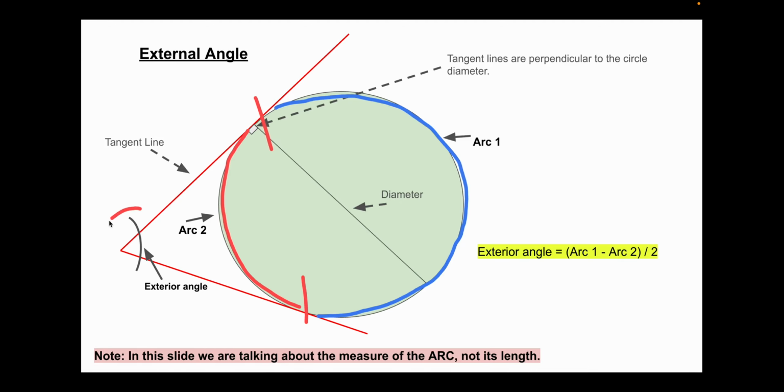So this angle is equal to the large arc minus the small arc divided by 2.